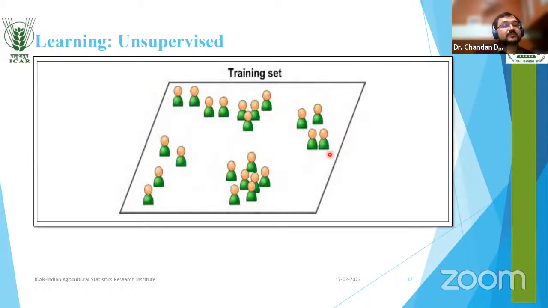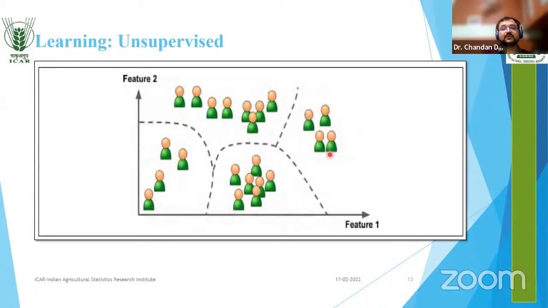And another is unsupervised learning. Unsupervised learning depends on your data, and you have to specify how many categories you want. Suppose this is my training set, and I want 4 categories from my training set. It will automatically try to aggregate similar objects into a particular cluster.